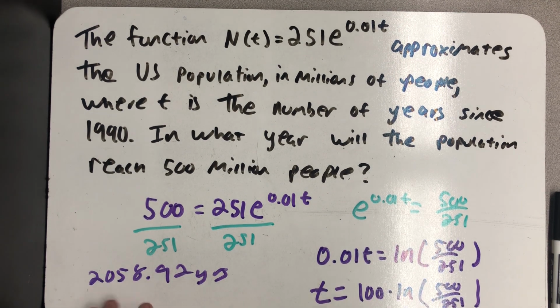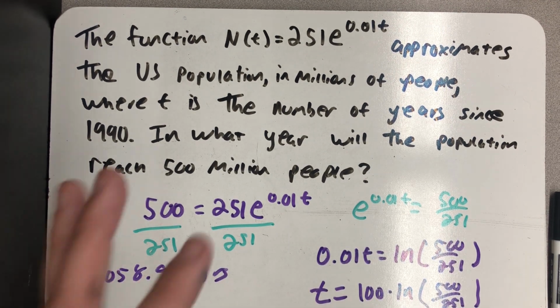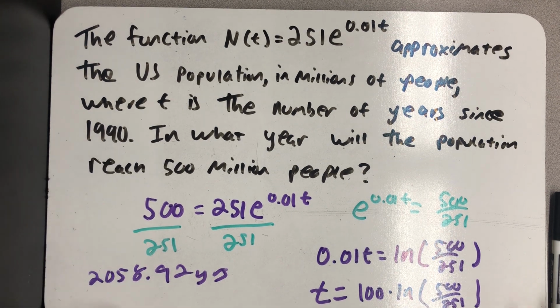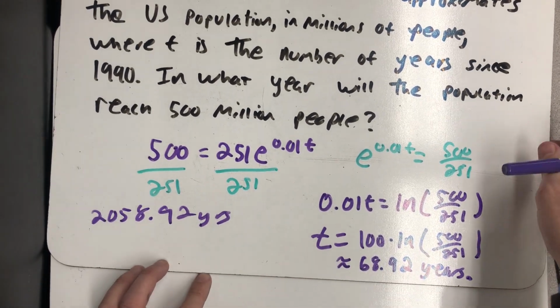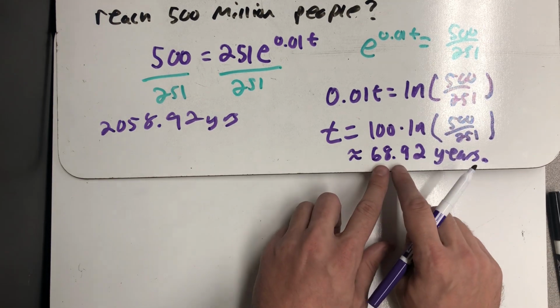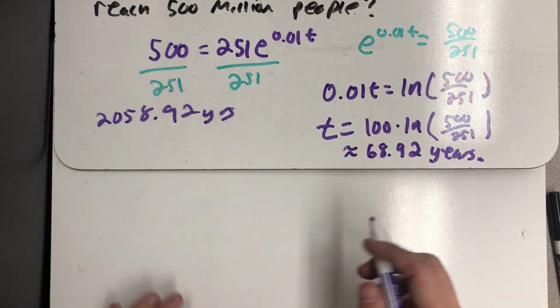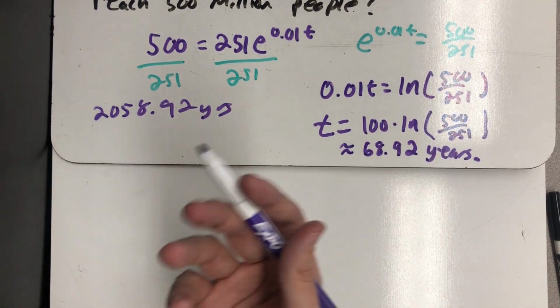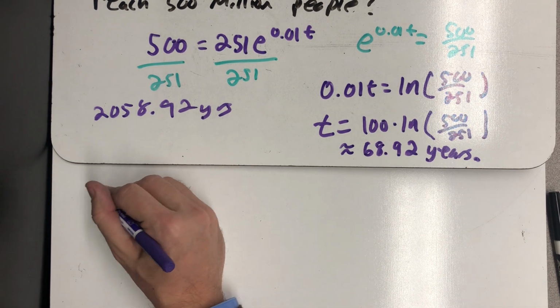Well, if I take this very literally, during the year 2058, we're not quite to 2059, we would reach 500 million people. But this is a model, so I would also understand rounding this to 69 and just saying 2059.